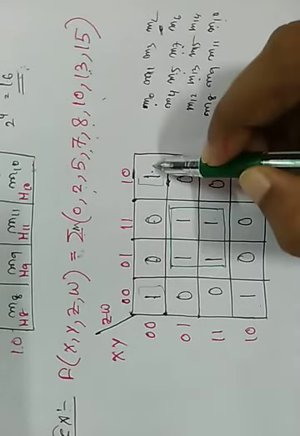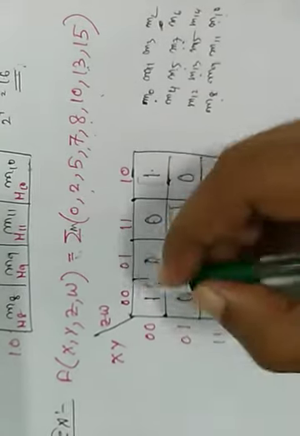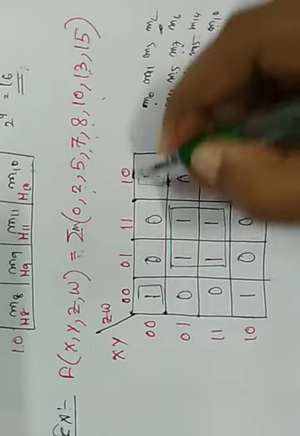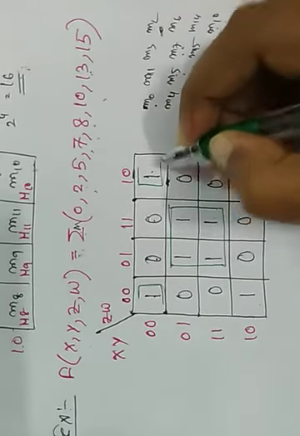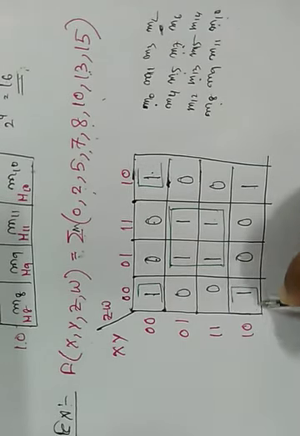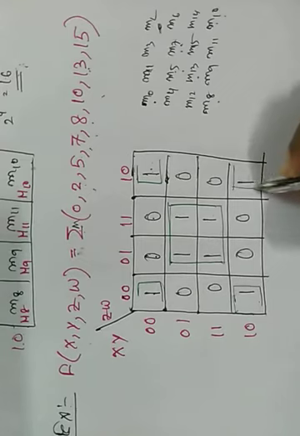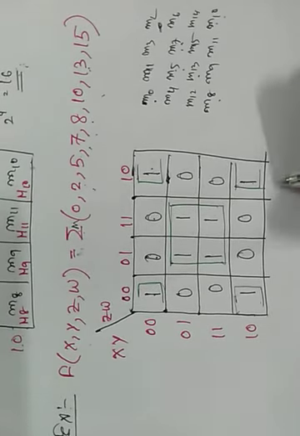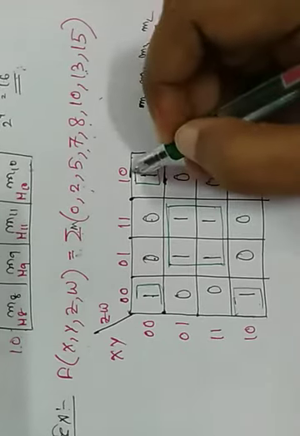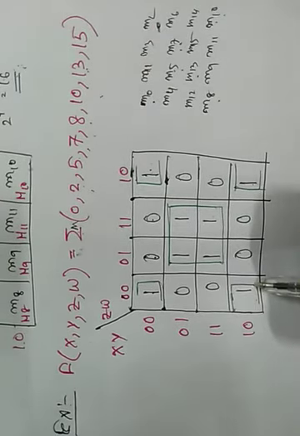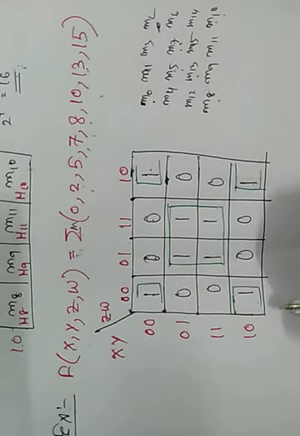But as the 4 ones are in sequence, we can make these 4 in a single group, because this can be rounded here and this can be rounded here. So these 4 ones can also be made a single group.